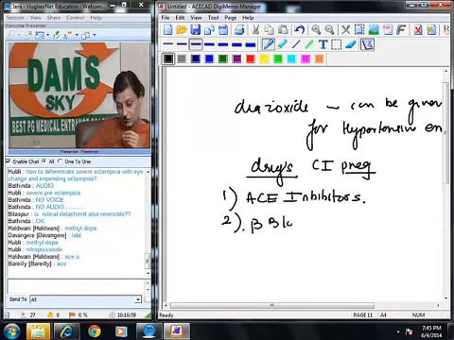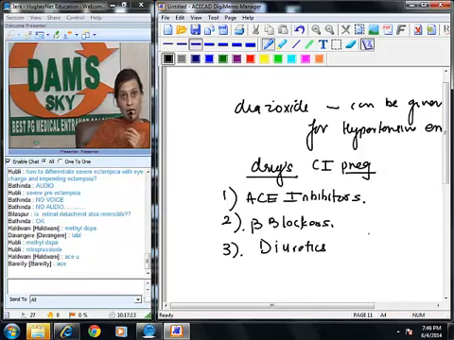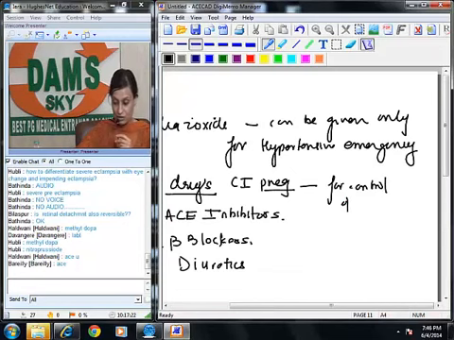Second, beta blockers are contraindicated. Third, diuretics are contraindicated. Now when we are saying contraindicated, we are saying they are contraindicated for control of blood pressure.